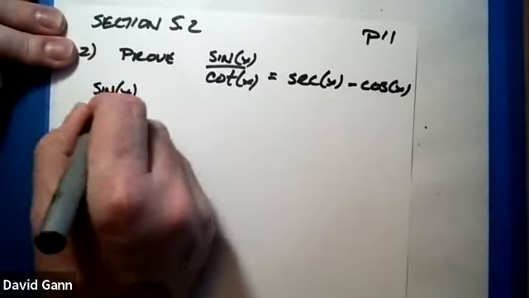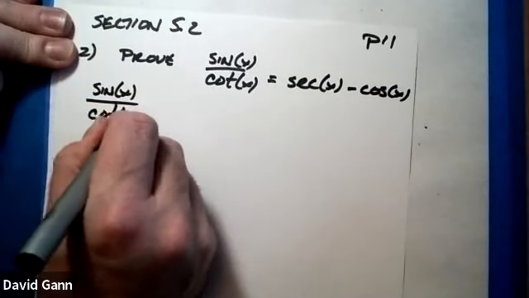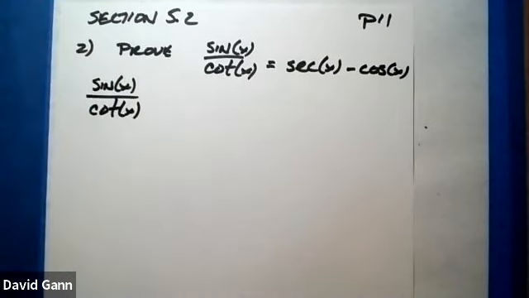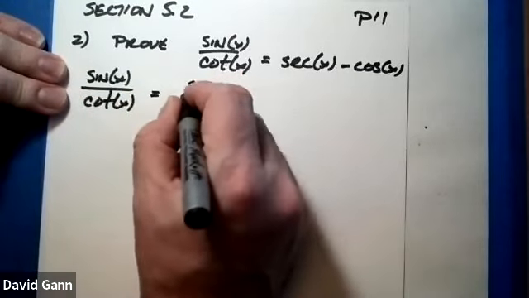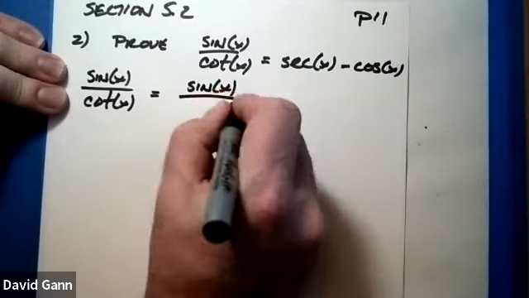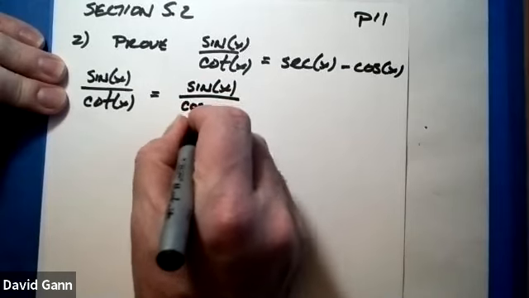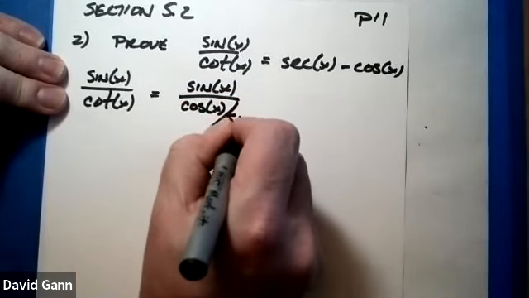I've got sine of x over cotangent of x. And just like with the last problem, I don't know how to work this other than to try to convert this into sines and cosines and see what pops out. This proof happens to be awfully similar to the last one. So I will take that first step. So sine of x over the ratio cosine of x divided by sine of x.